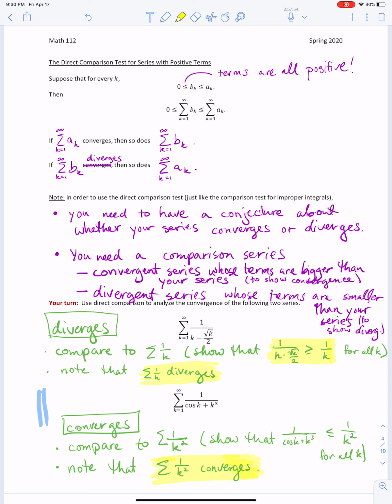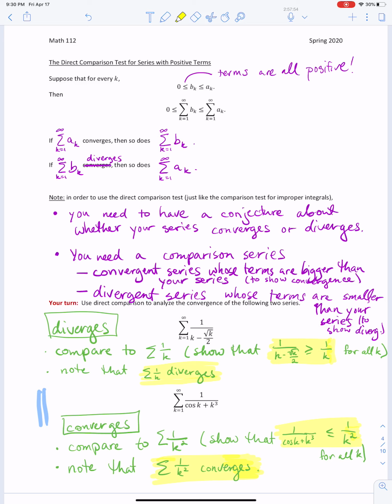To show convergence, we need the terms of the comparison series to always be greater than the terms of the series we are investigating. Here it's true that for all k, 1 over k squared is greater than 1 over cosine k plus k cubed.